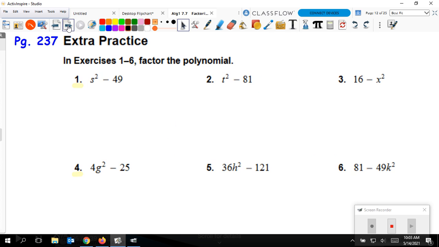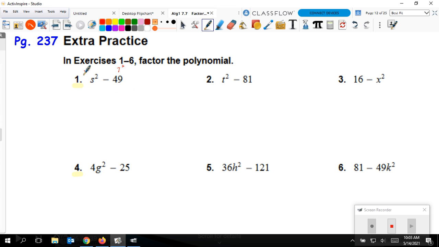All right, so now into our page 237. Here's our extra practice. I'm going to do 2 of these 6. Let's start with number 1. I'll show you how we would do this. It's a difference of squares. We can tell that it's a perfect square with s squared. It's a perfect square with 49, because that is 7 squared. We want to think of this really as 7 squared.